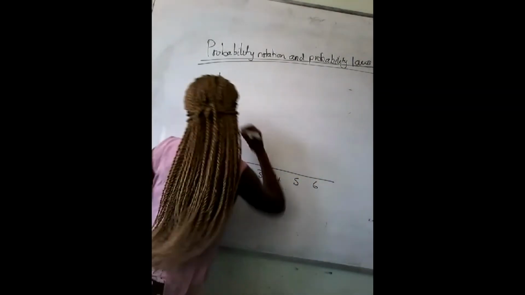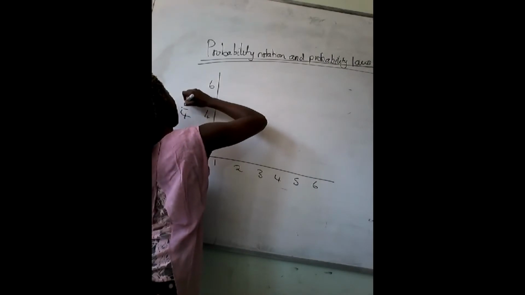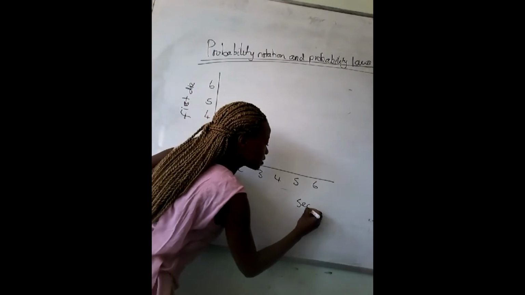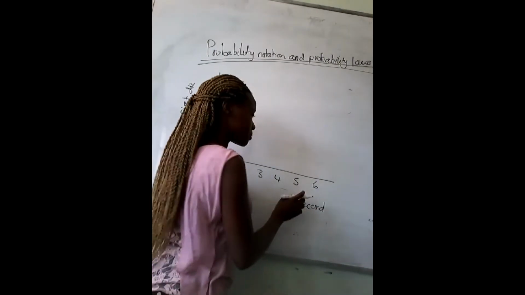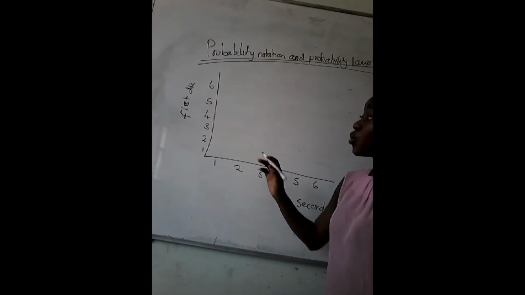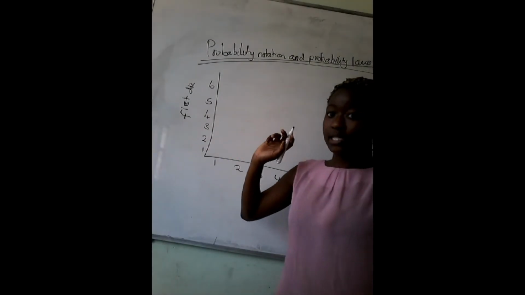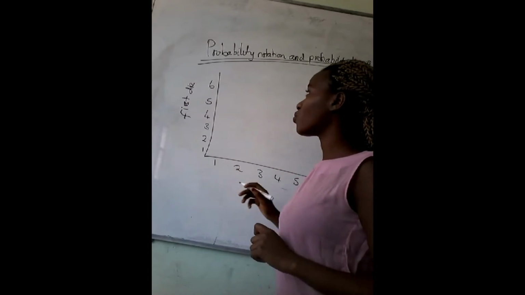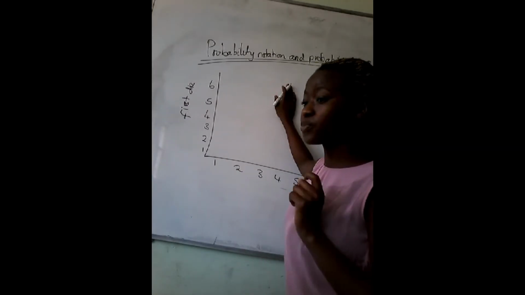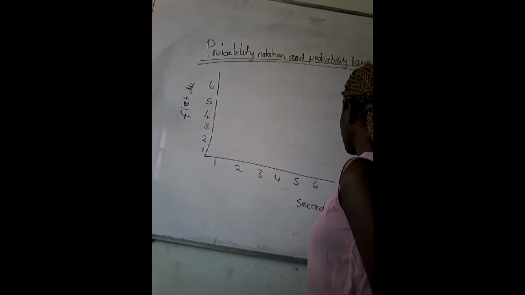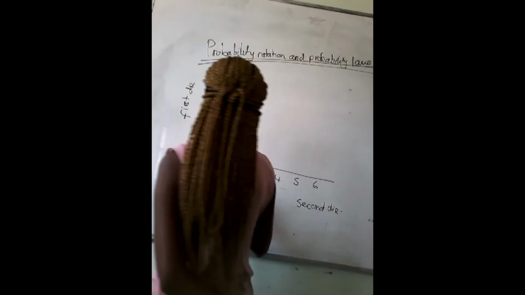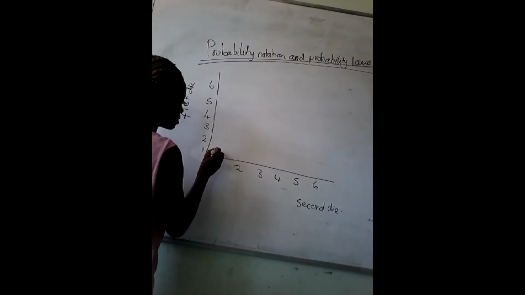This is the first die, and this is the second die. The possibility outcomes when two dice are thrown contain 36 outcomes, right?